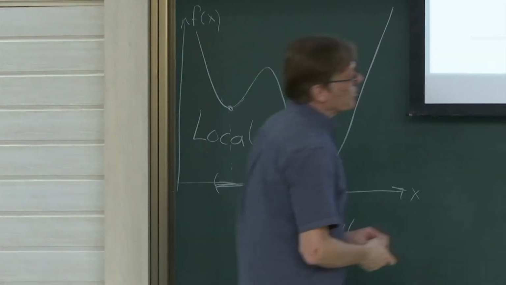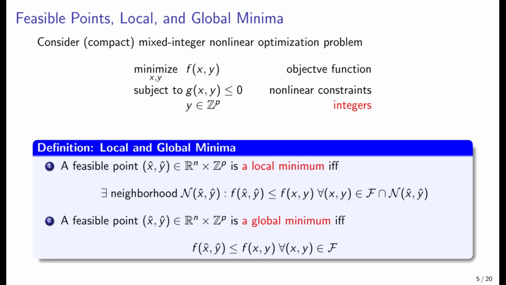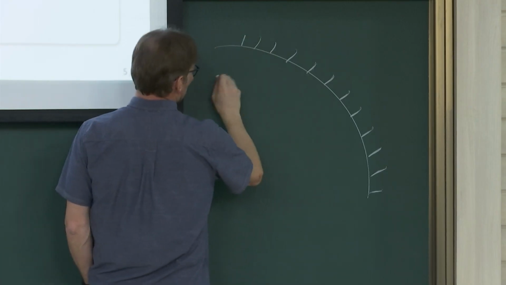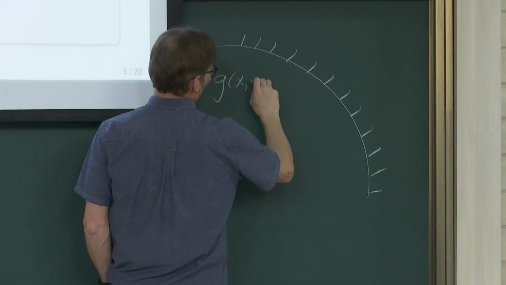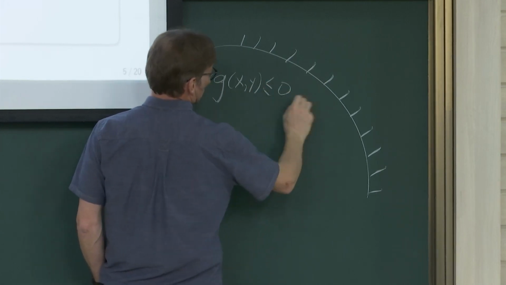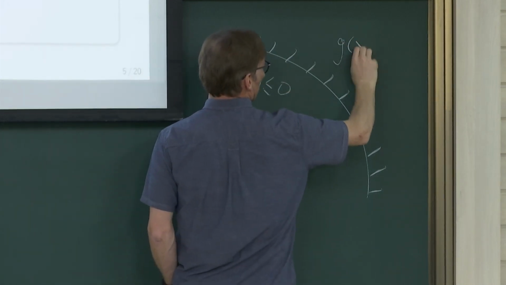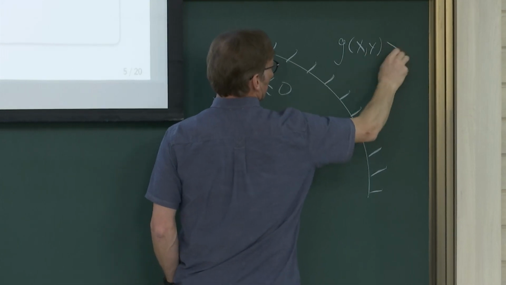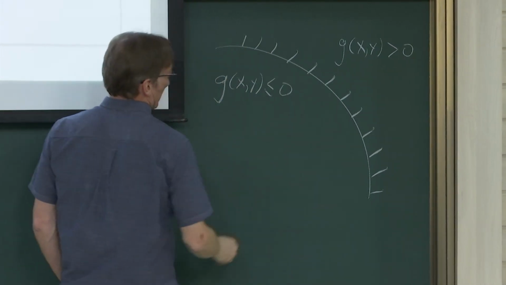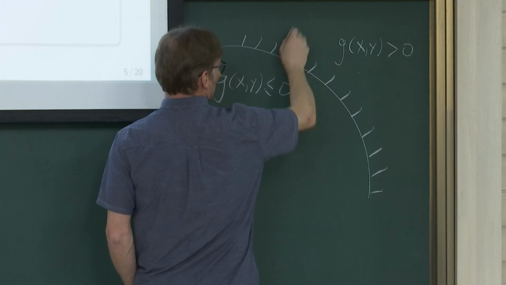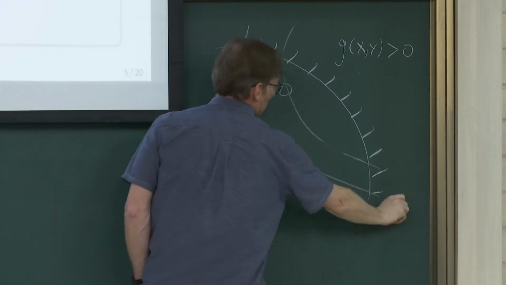It's important to note that we only do this for feasible points, because we might have a situation where we have some constraint. Here in this region, g of x and y is less than or equal to 0. Out here, g of x and y is positive, and I might have an objective function with some contours.